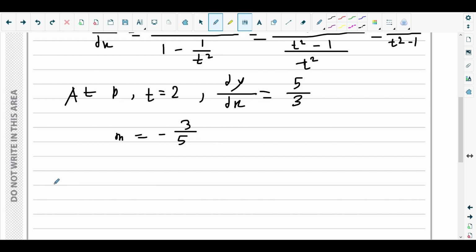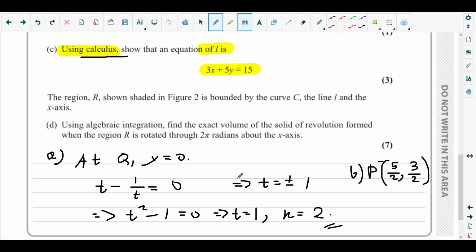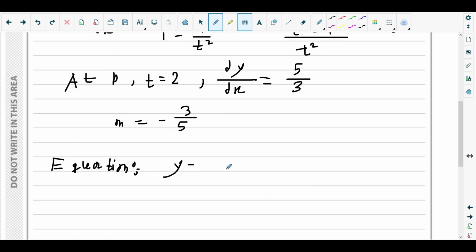Now we know the coordinates of point P, so it's very easy to find the equation of the straight line L. That would be y minus y1. The y coordinate of point P was 3 over 2. So y minus 3 over 2 equals m, negative 3 over 5, times x minus 5 over 2.